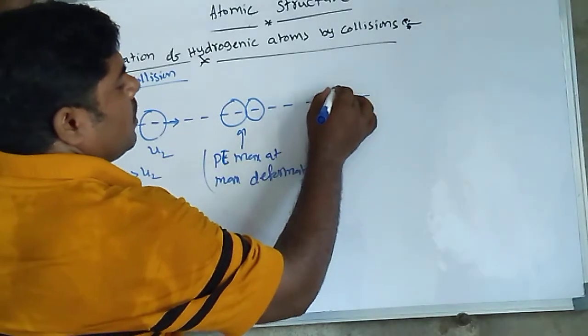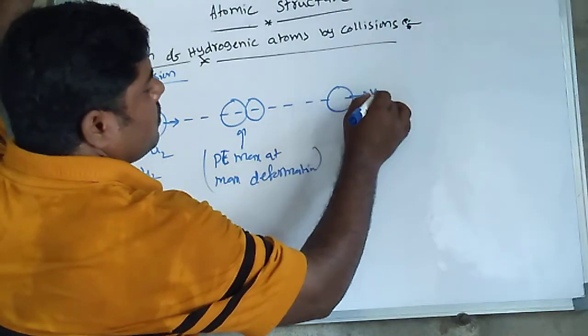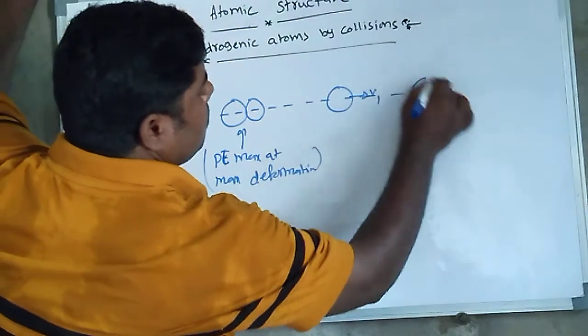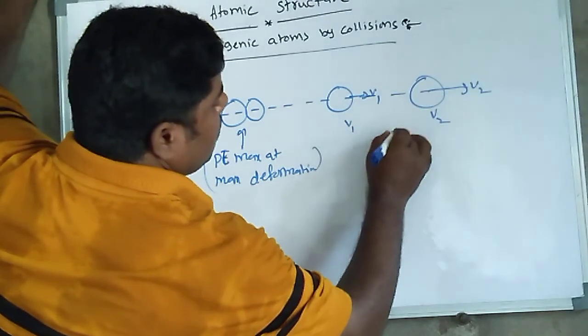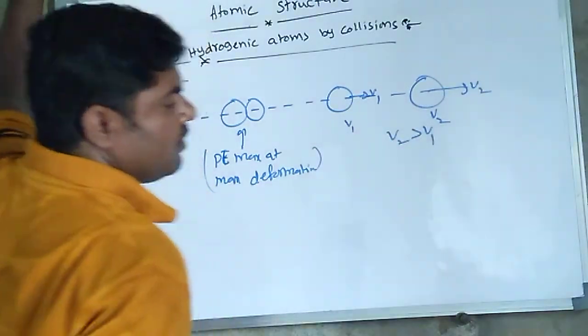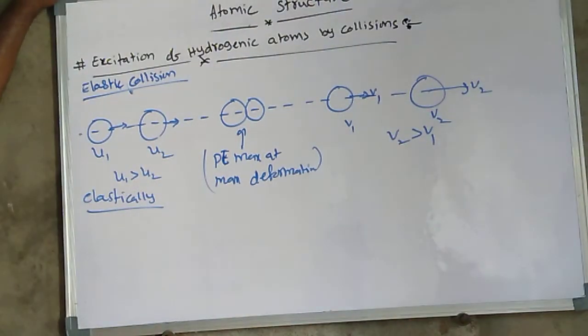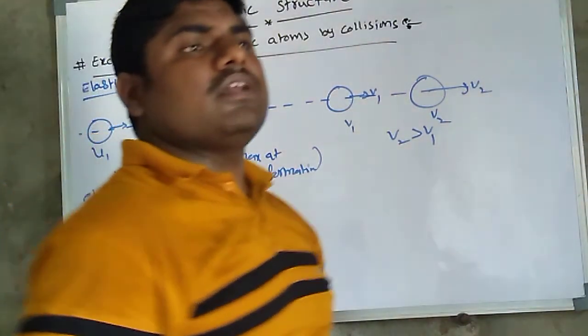After this, the two have different velocities, v1 and v2. Here v2 is bigger than v1. After that, separation.